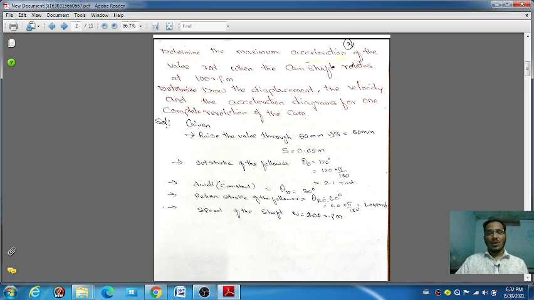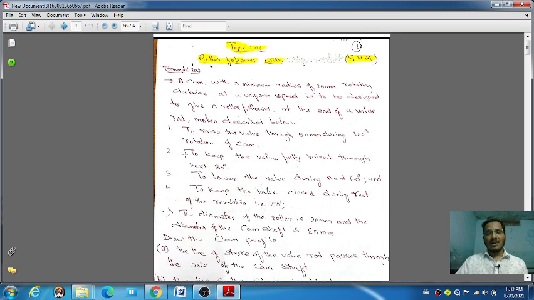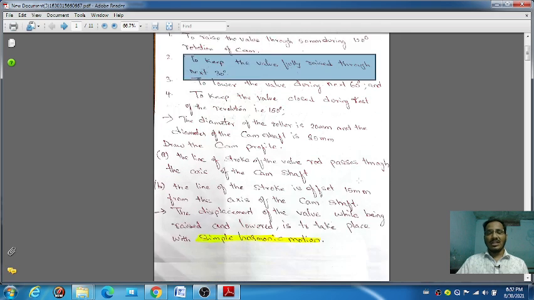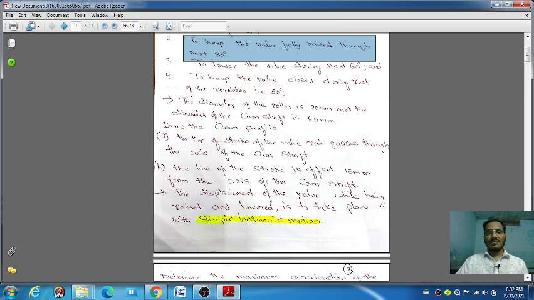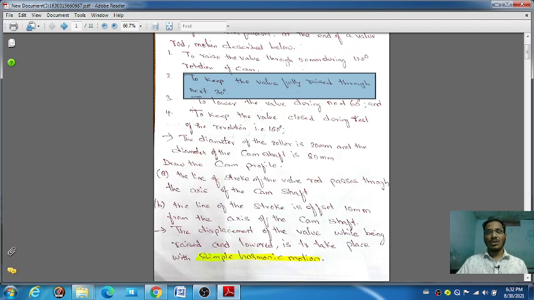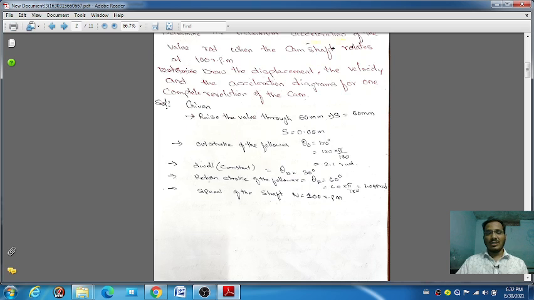The next thing is dwell. The question is given here, keep the valve fully raised through the next 30 degrees. It means the dwell condition is given. In that dwell condition, the follower will stay at a constant position. Theta d is equal to 30 degrees. Then after that, to lower the valve during the next 60 degrees, it means the follower will move in the return stroke.